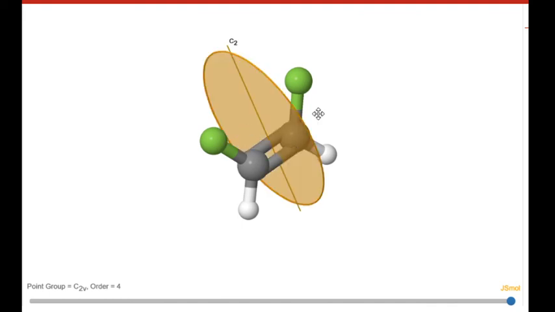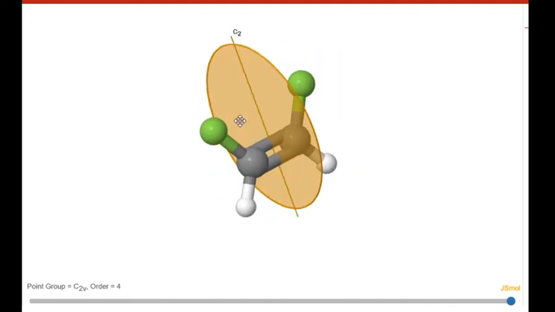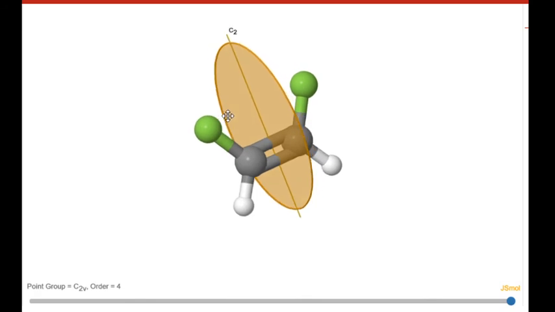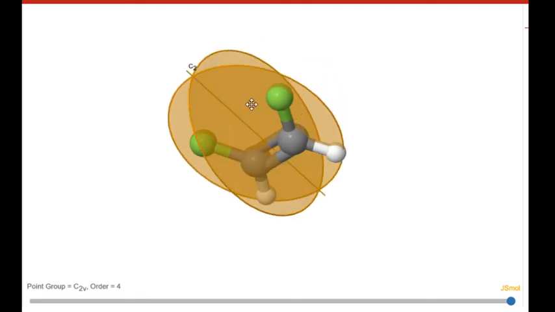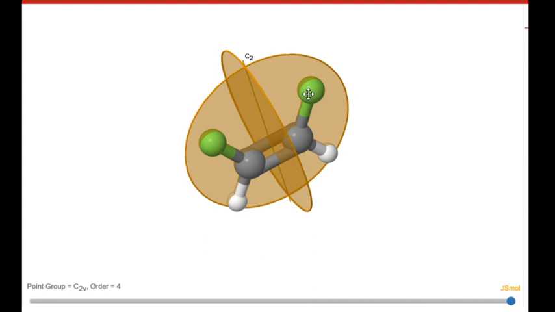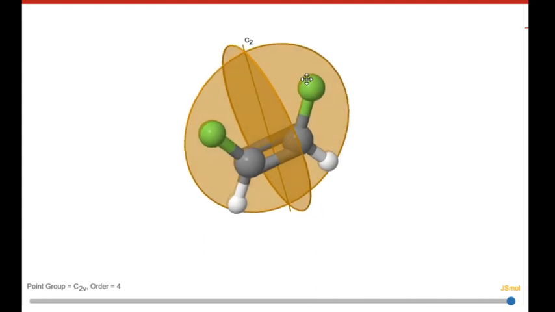This is the first vertical plane, which bisects the molecule and passes through the principal axis, and this is the other vertical plane, the molecular plane. Both planes pass through the principal axis. So the molecule has one C2 proper axis of rotation and two vertical planes of symmetry, so the point group of the molecule becomes C2v, and the symmetry elements are identity E, C2 and two vertical mirror planes of symmetry.